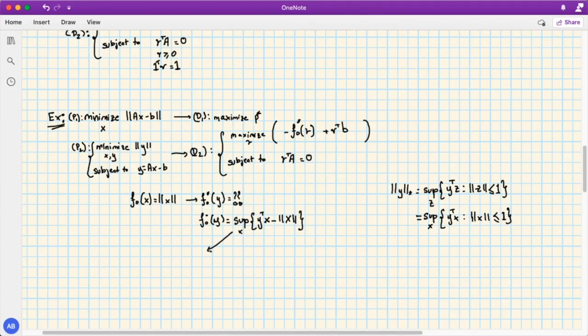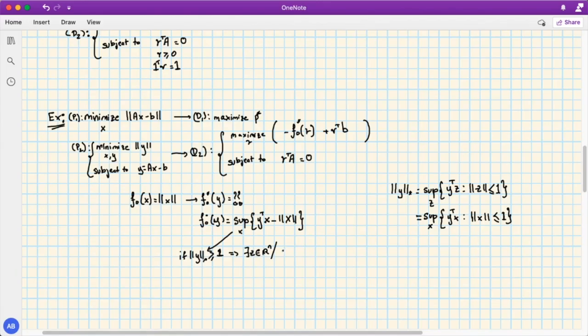Well, if the dual norm of y is greater than 1, this means that there is a z in Rn such that this thing is greater than 1, because the dual norm is assumed to be greater than 1.